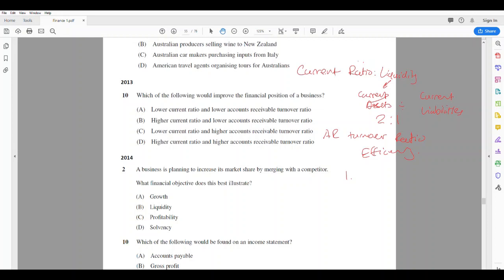And the ratio is sales over accounts receivable. Now some questions will ask you to calculate the days. And this is where we use the answer to divide 365. So this is on average how long it takes for us to get our money back. So we do want a higher number to reduce the days.